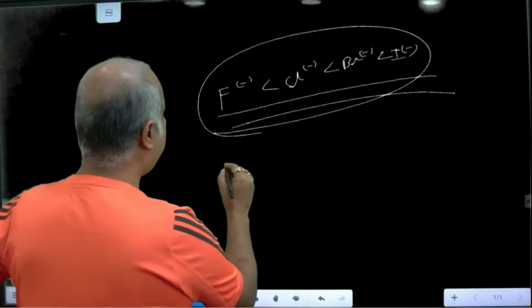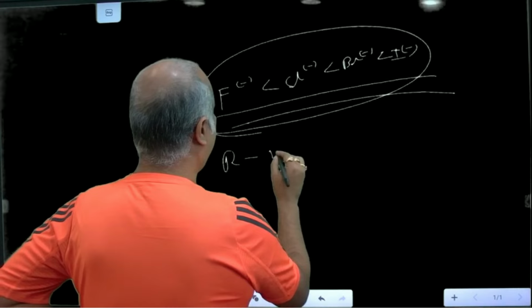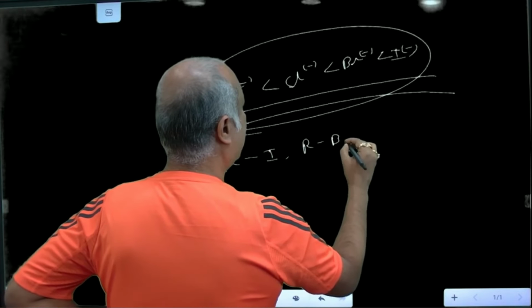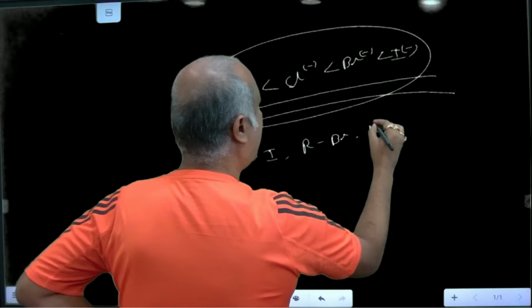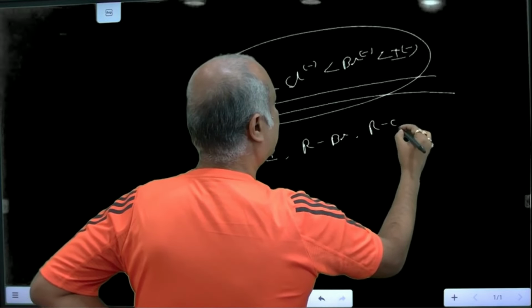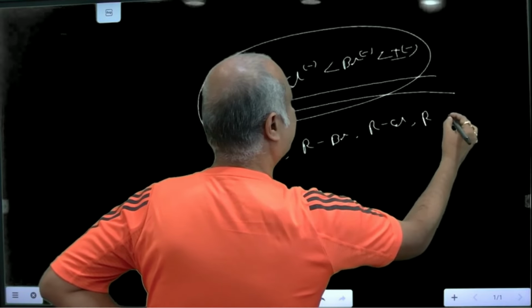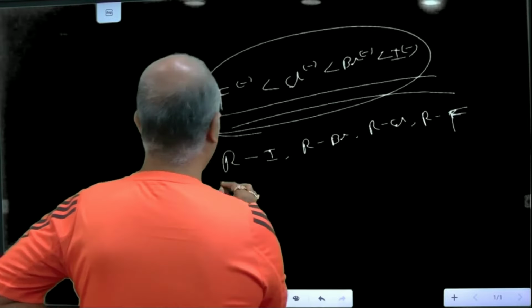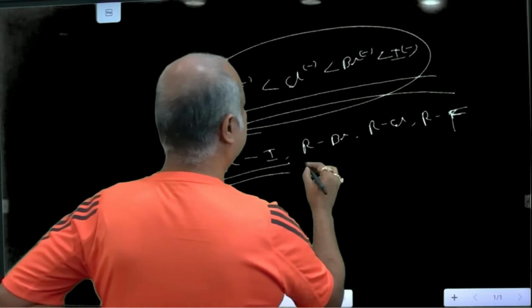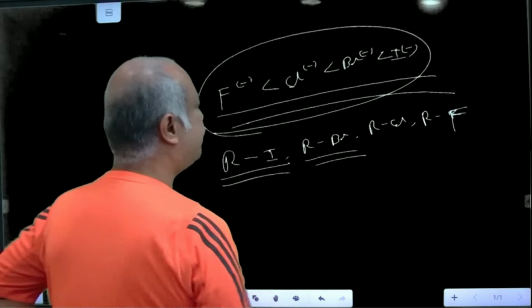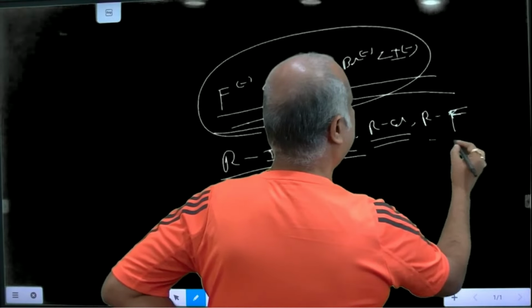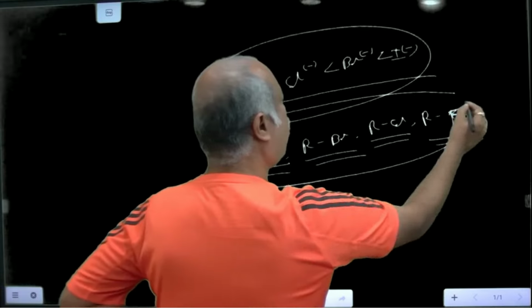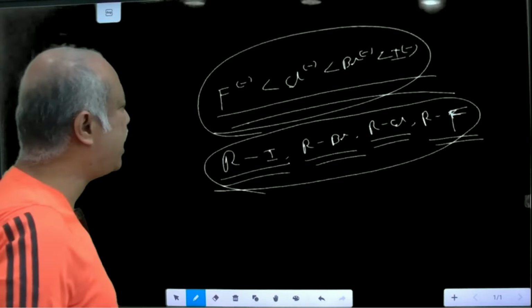If you take the alkyl halides RI, RBr, RCl and RF, that means alkyl iodide, alkyl bromide, alkyl chloride and alkyl fluoride.